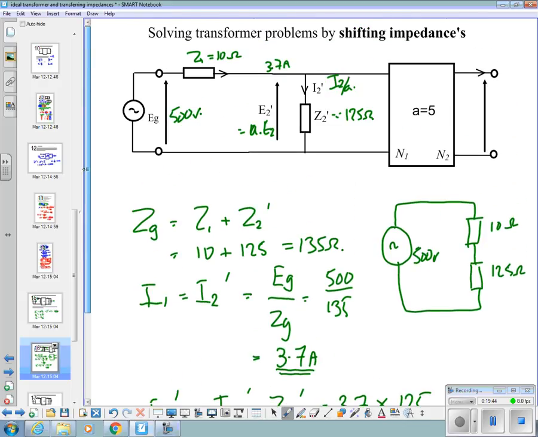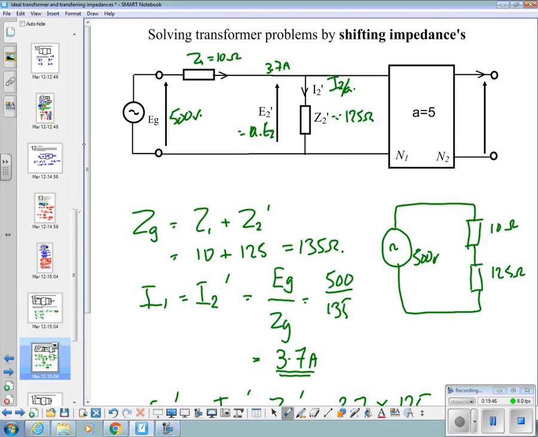Does that look right? We've got 3.7 amps going through 10 ohms. We're going to get 37 volts drop across that resistor there. So it looks right because that voltage and that voltage have got to add up to that one, remember, by what law? Kirchhoff's voltage law. Yeah, so there's all these little checks to see, does it look sensible?